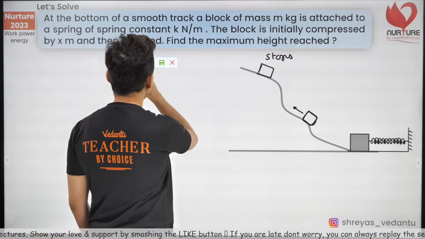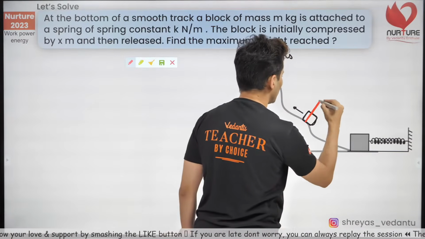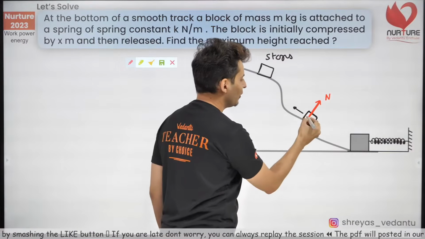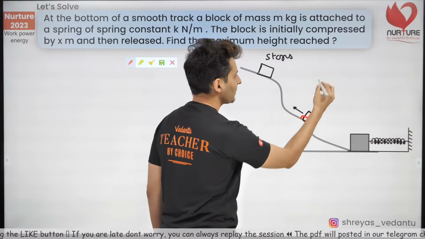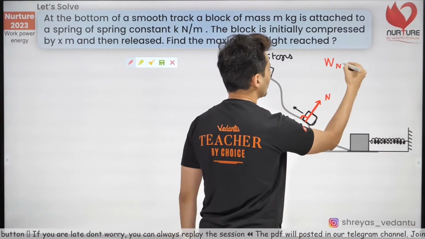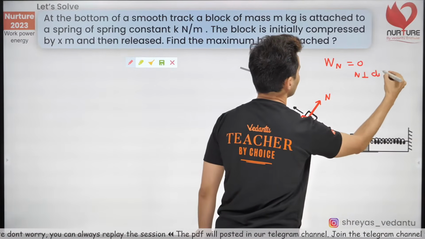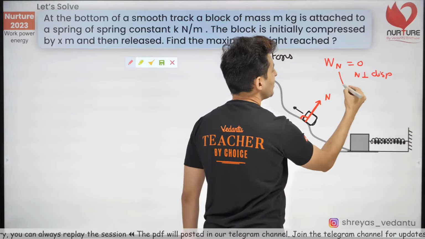Yes, there is. And you'll be like, which one, sir? Come on, there is a normal force. But I'll tell you a secret. Normal force is perpendicular to the displacement, so work done by normal is actually 0.